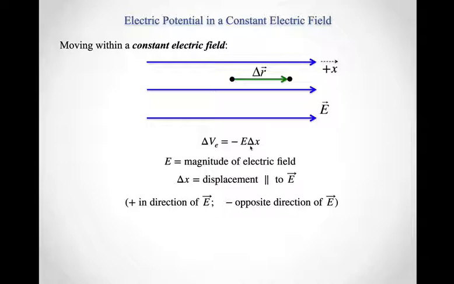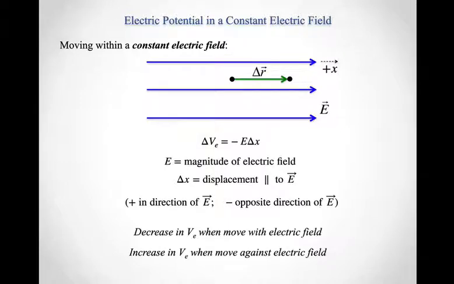Delta X is still the displacement parallel to the electric field, so it doesn't care how much I move perpendicular to the electric field. And just like before, delta X is positive when we move in the direction of the electric field. Delta X is negative when we move opposite the direction of the electric field. What this means, of course, is that you decrease the electric potential moving with the electric field.